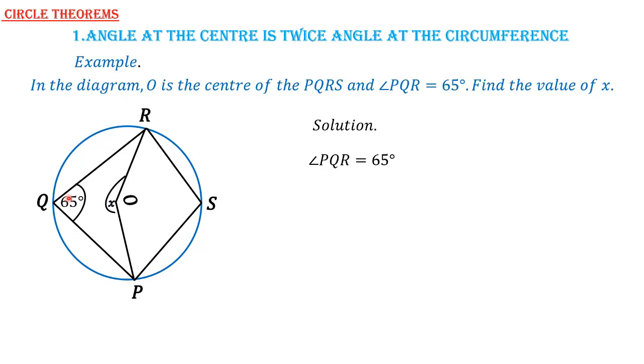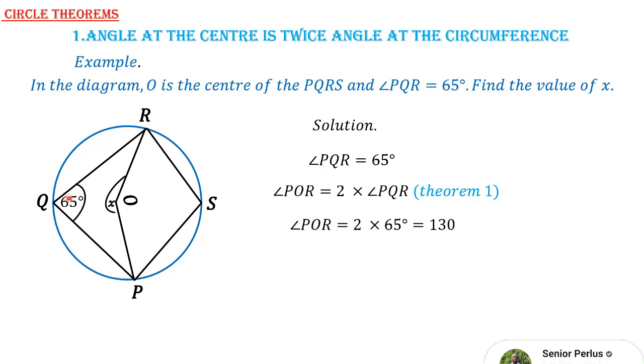So angle POR is twice of PQR. That's the theorem. Theorem 1. That's what we said. Therefore, POR is twice the angle, so then the angle that is 65 degrees, so you get 130 degrees.